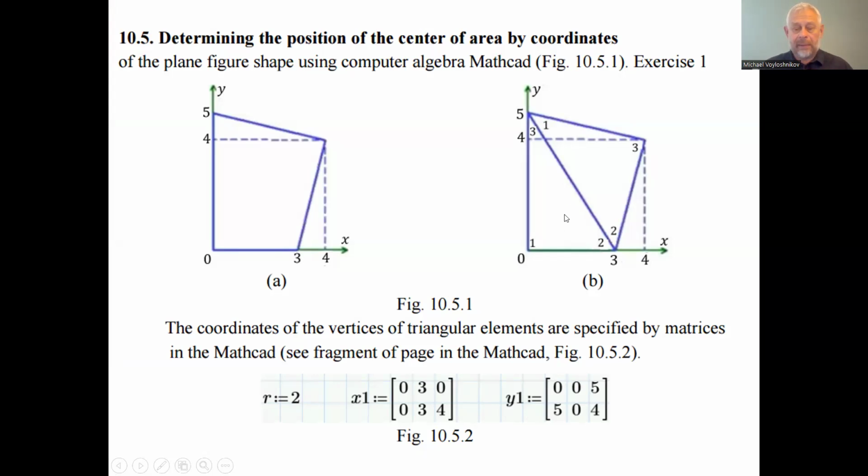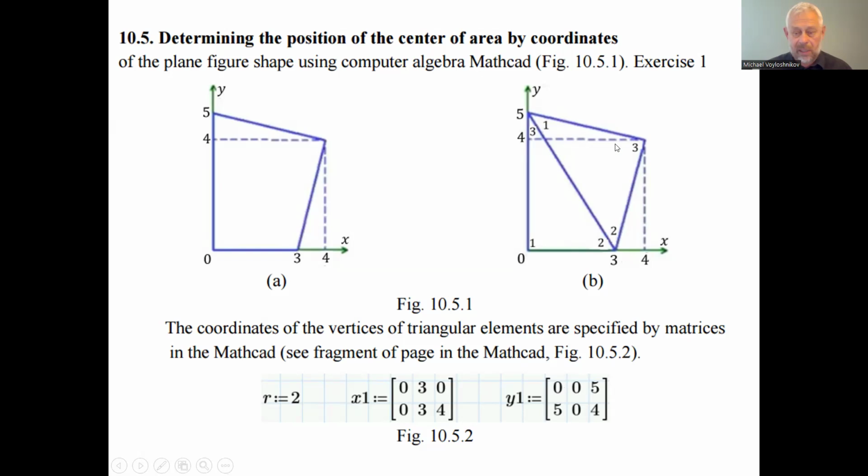The abscissa of the third vertex is 0. And the same, we have to set the ordinates y of the vertices of the triangle in Mathcad. In the first vertex, the ordinate is 0. The second vertex ordinate is 0, and the third vertex ordinate is 5. So we have the abscissa set and the ordinate set of the vertices of the first triangle.